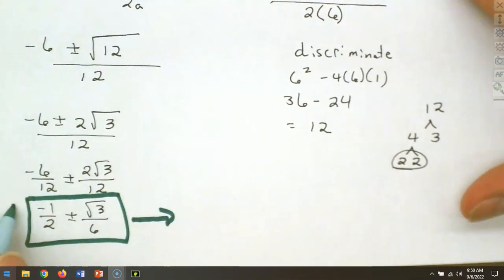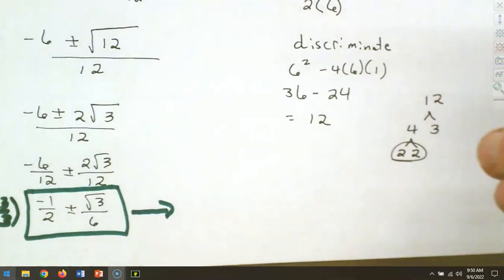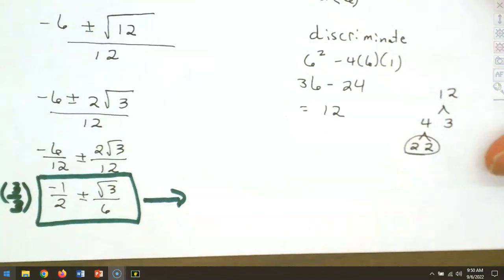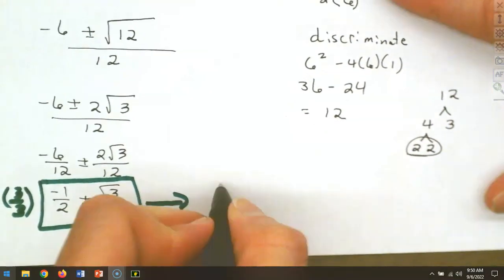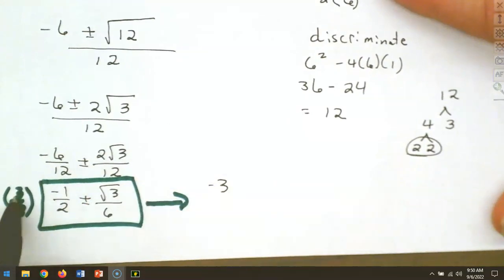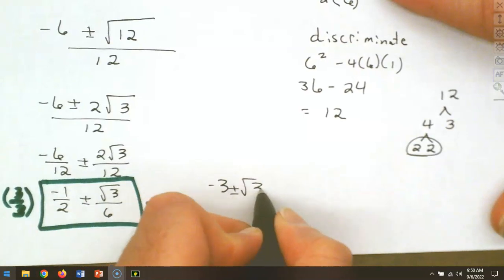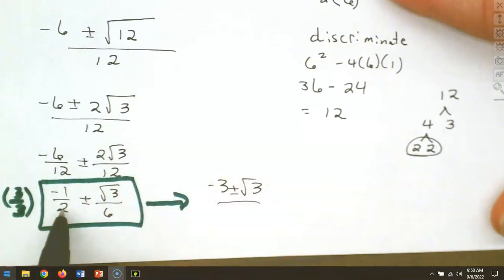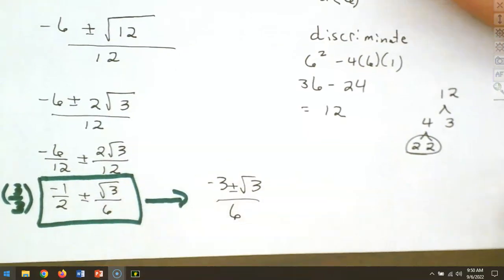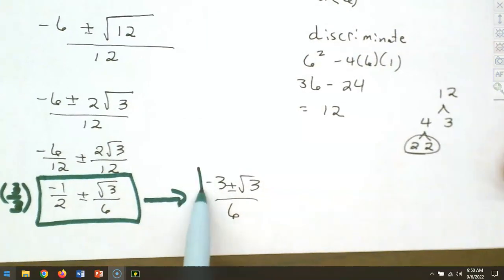I'm going to multiply this part by a 3 over 3. That's going to turn it back into one denominator, which is then a minus 3 plus or minus square root of 3 over 6. And that should be one of the answer choices there.